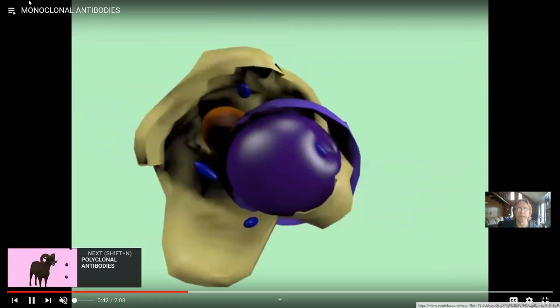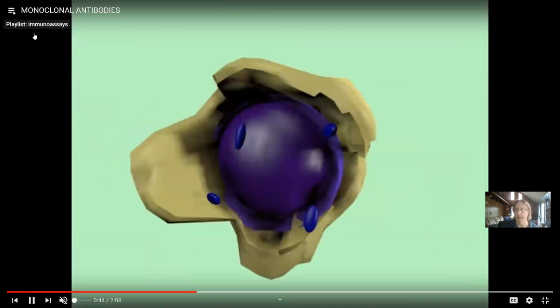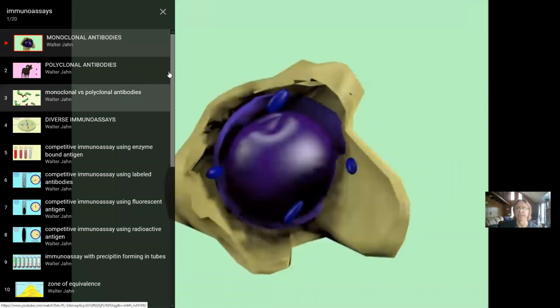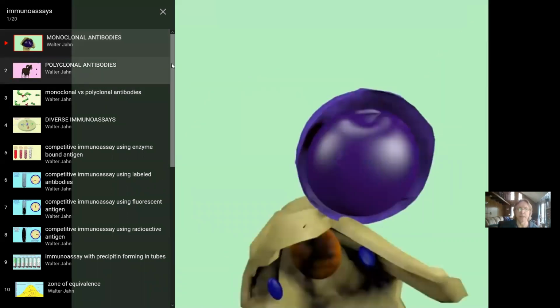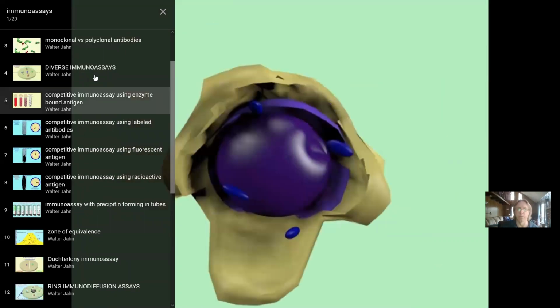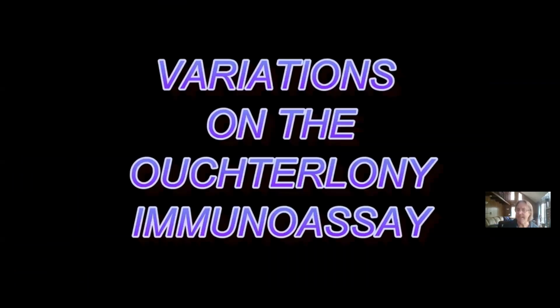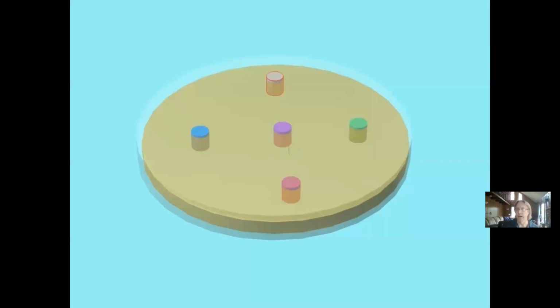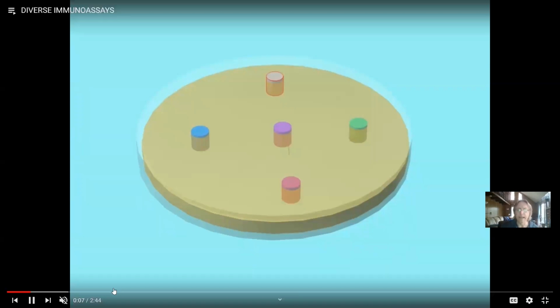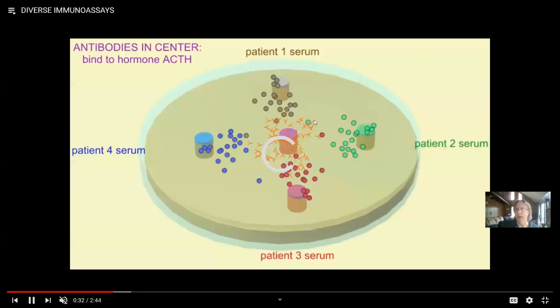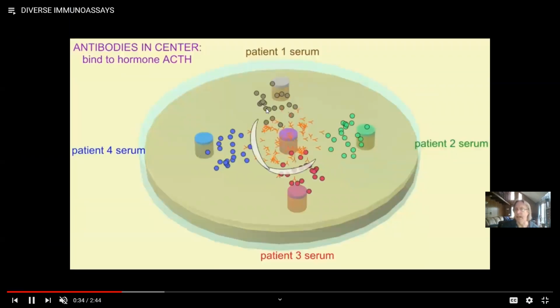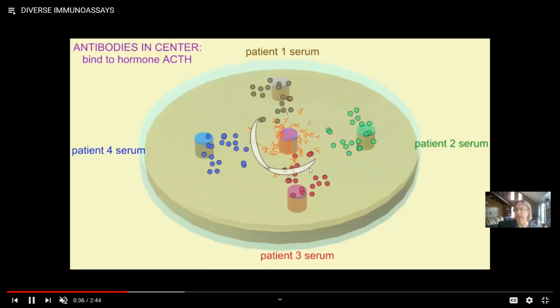So there can be antibodies. There are differences between monoclonal antibodies and polyclonal antibodies. I go through these. Once you have antibodies which stick to molecules, you can do a diverse number of assays, because the antibody is sticking to the thing that you want, and there might be a scenario where it will form a solid precipitate that you can actually visualize.